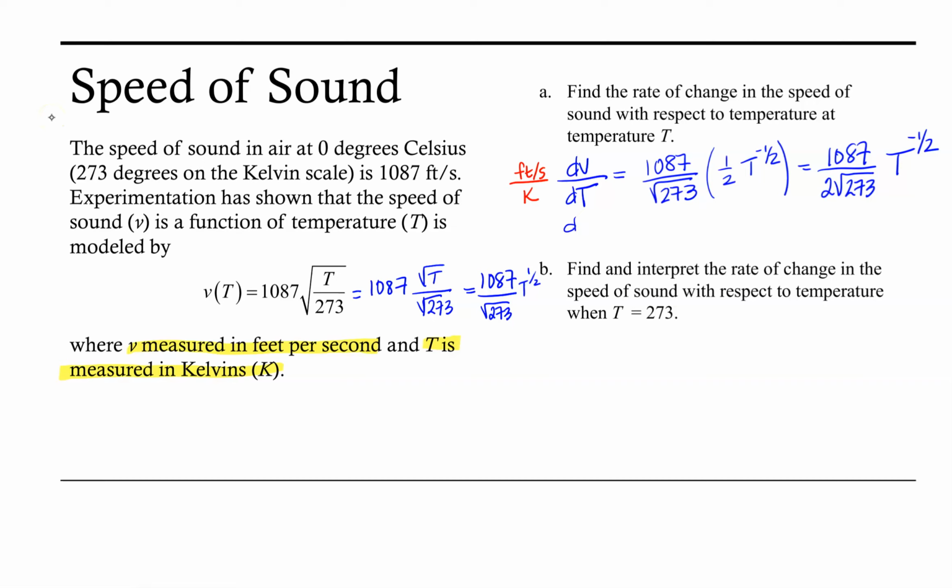So we could rewrite this as dv dT, d capital T, as 1087 over 2 times the square root of 273 times the square root of temperature, or we could rewrite it as 1087 over 2 times the square root of 273 times temperature, capital T. So that's our derivative, that's our rate of change.